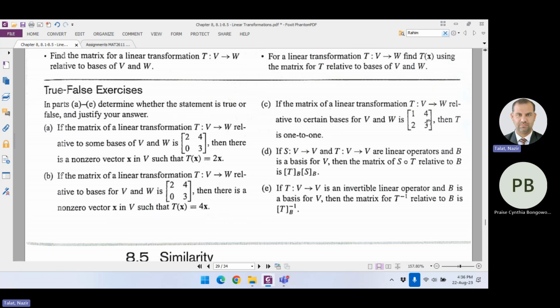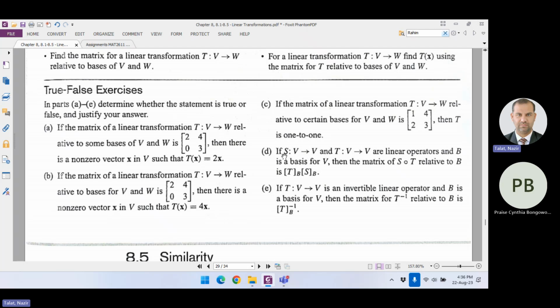If this matrix's determinant is minus 5, which is non-zero, it means A inverse exists. If A inverse exists, this T inverse also exists, which means T is invertible as well as 1-1, because if T is 1-1 then this is invertible. So this statement is true.